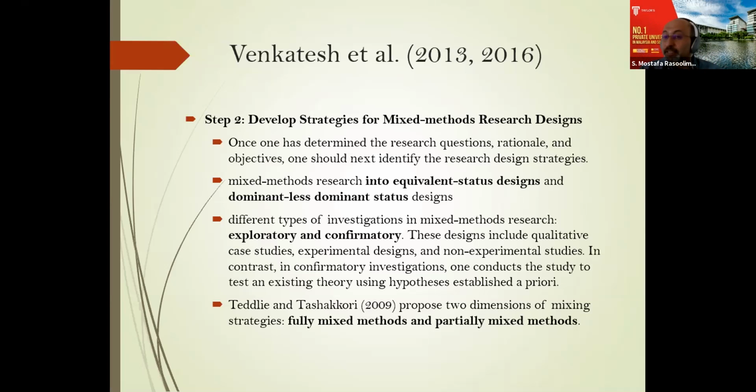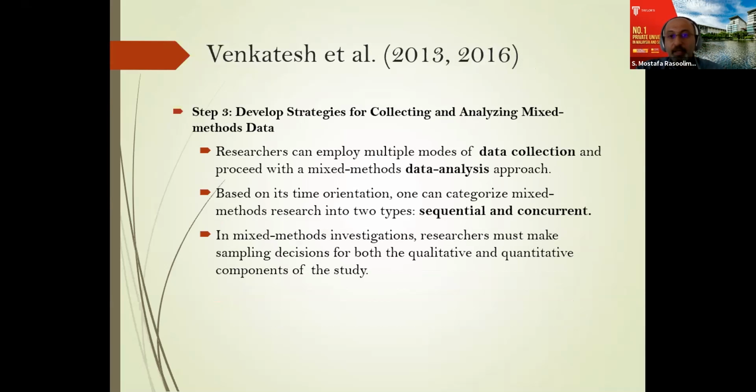So this is partial mixing, a partial combination of qualitative and quantitative. So this is another criterion that can be used for mixed method design. In data collection and data analysis, as I explained, we can do this mixing.